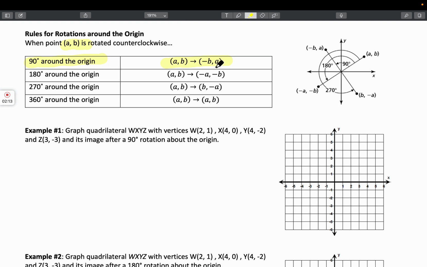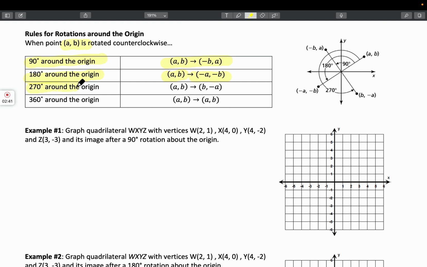In other words, the x and the y will change places, and the former y value, which is now the x value, will change from positive to negative or from negative to positive. When we rotate 180 degrees around the origin, each (x, y) coordinate, or (a, b) coordinate, will now go to the opposite a, the opposite b. So they will both just change values, but they won't change places.